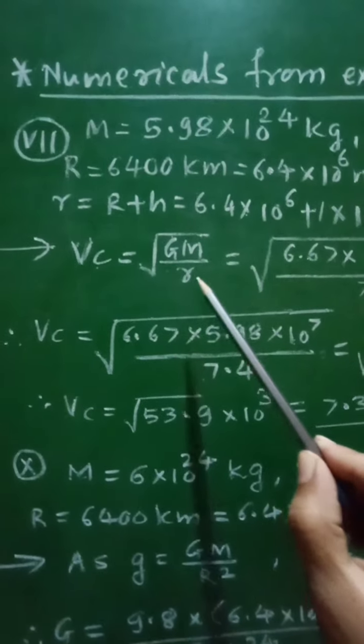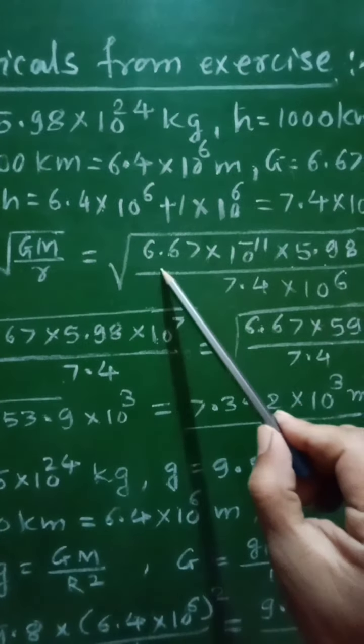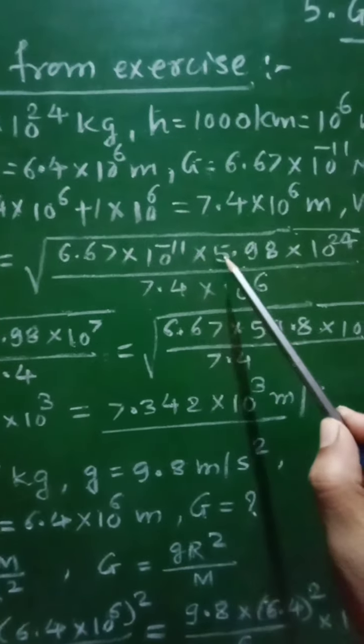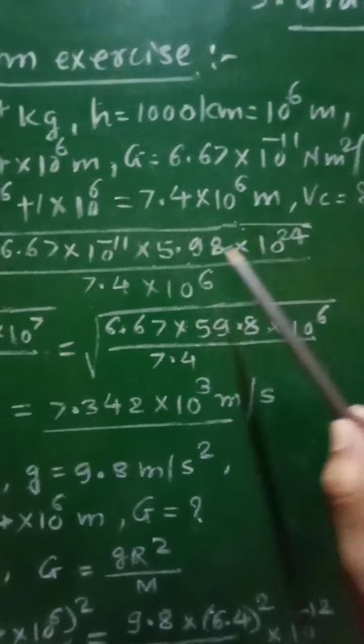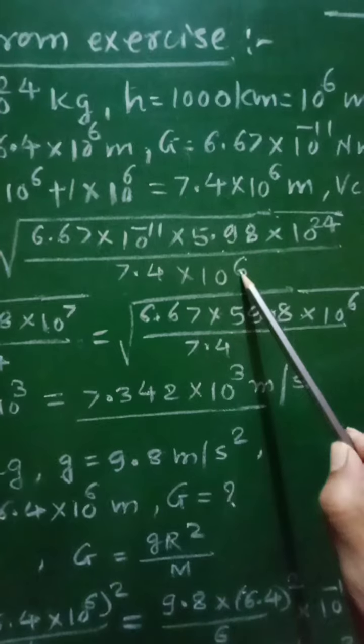which will be equal to, putting the values, square root of 6.67 into 10 raised to minus 11 into 5.98 into 10 raised to 24 divided by 7.4 into 10 raised to 6.